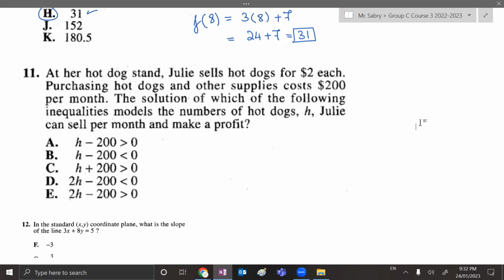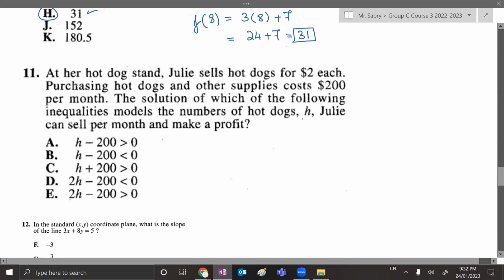So let's see what is first of all الريفينيو، الفلوس اللي هتجيلي قد ايه. If she sells each hot dog for $2 and she sold a total of h hot dogs زي ما هو بيقول, then الريفينيو اللي هيجيلي كله is 2 times h. This is the revenue minus الكوست. الكوست هو قال انه it's a total of 200 per month.